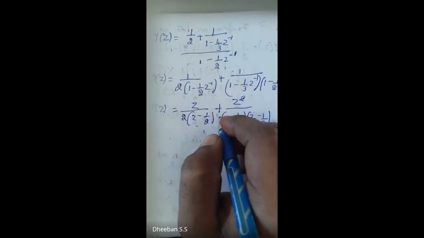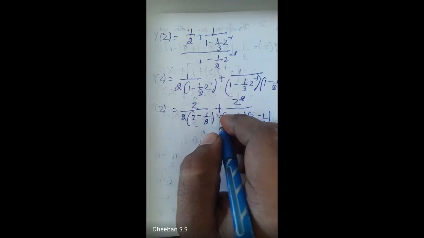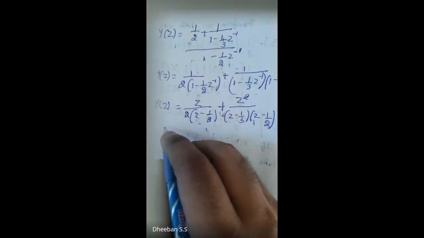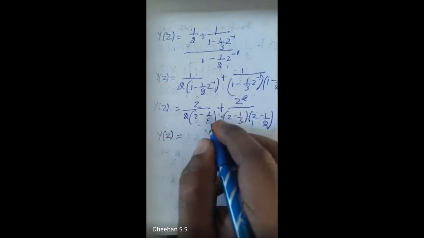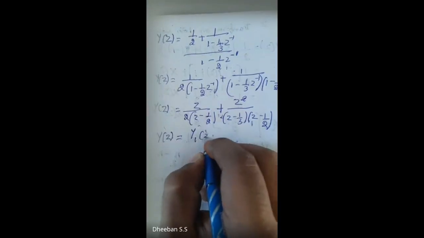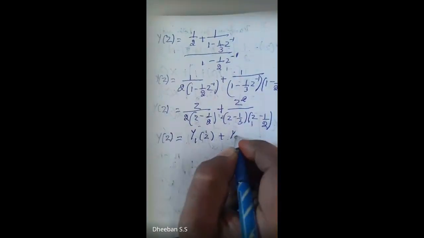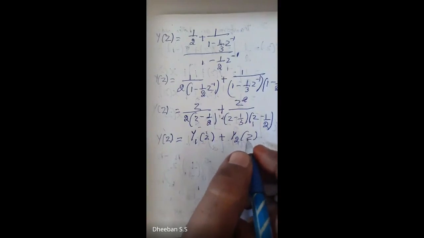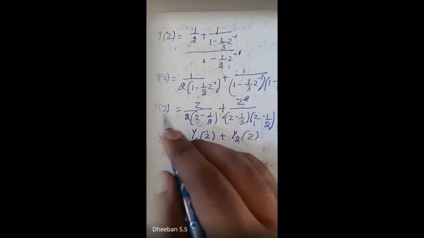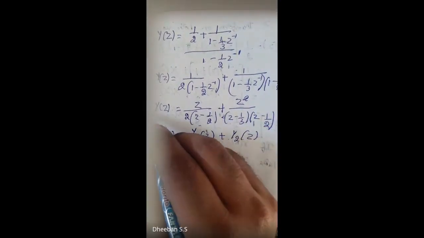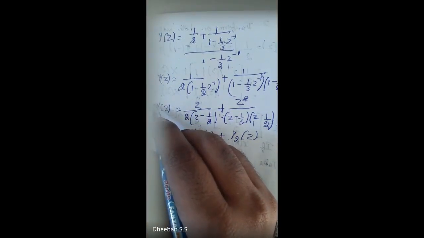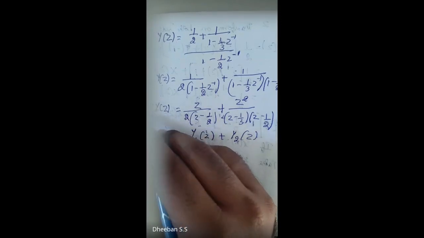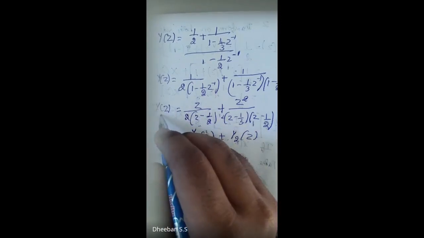So what you can do, you have to segregate this signal into two types. So take this one as y1 of z and take this as y2 of z. Okay. After segregating, our aim is to find the inverse, that is, our aim is to find the response for this y of z.